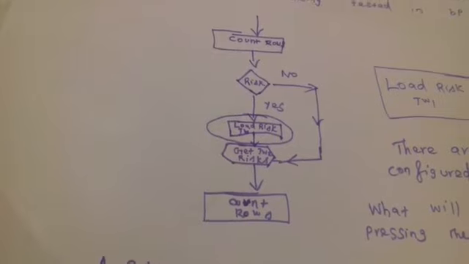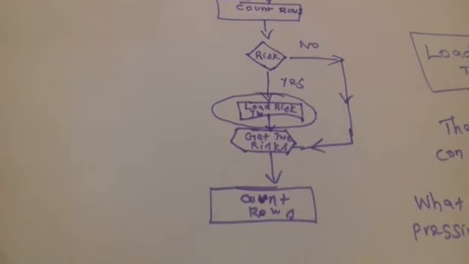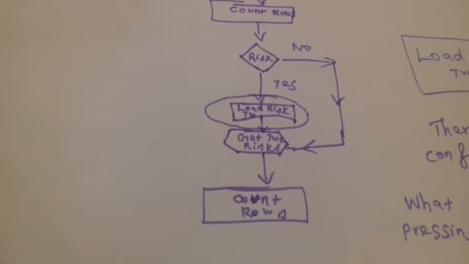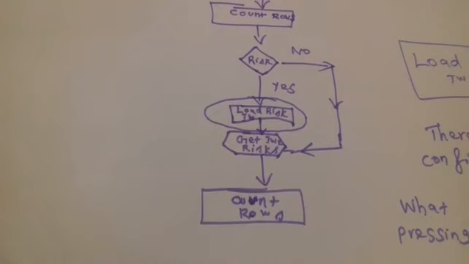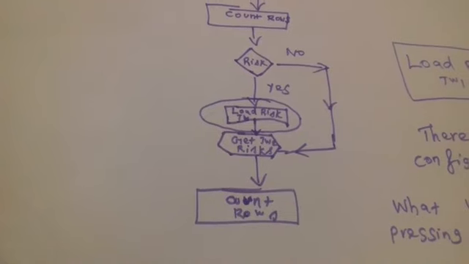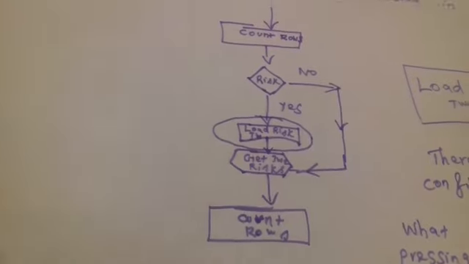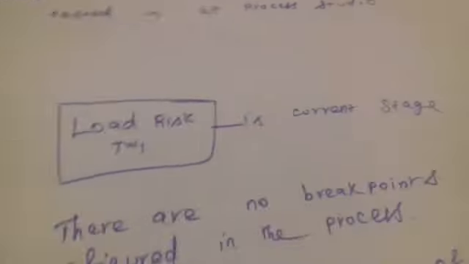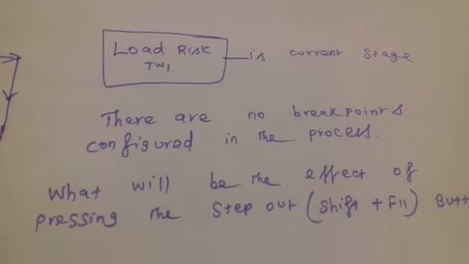If it is yes, it will go to the load risk, or else, if no, it will go to the get risk. Finally, the count will go to count rows. The load risk TW is the current stage and is highlighted. There are no breakpoints configured in the process.